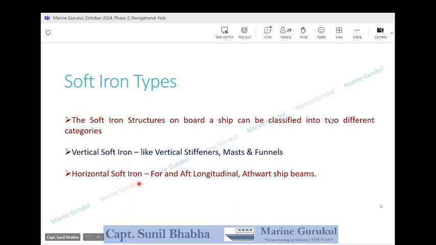So they have a horizontal orientation. So these are the two different categories into which the soft iron is divided. In short, the vertical soft iron is also known as VSI, and the horizontal soft iron is known as HSI.